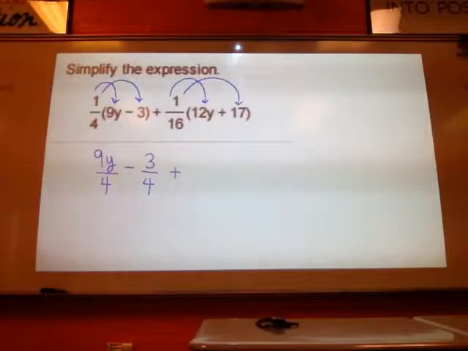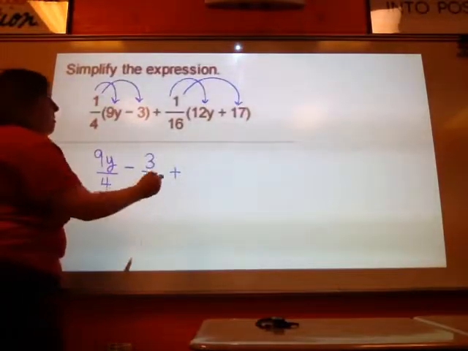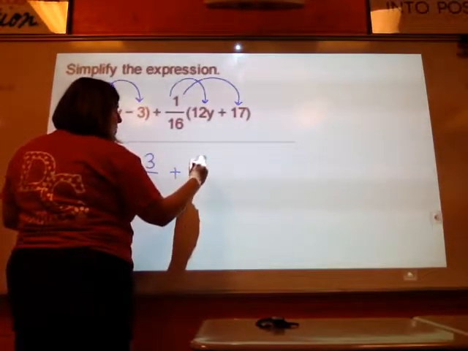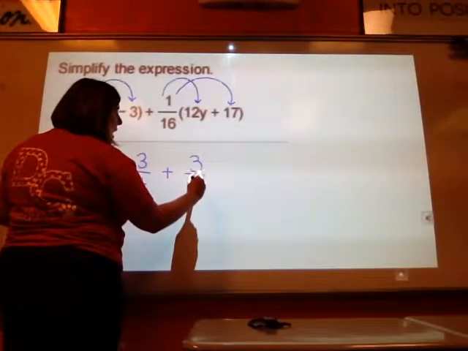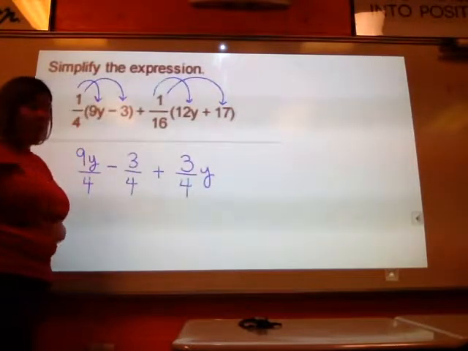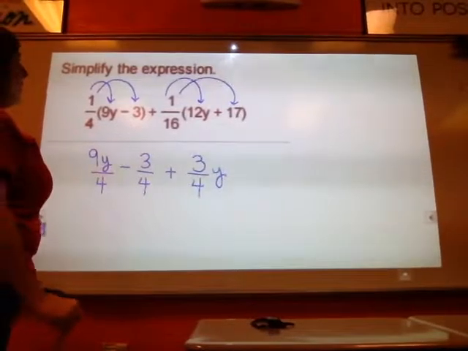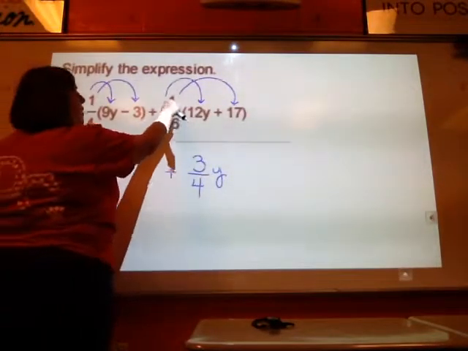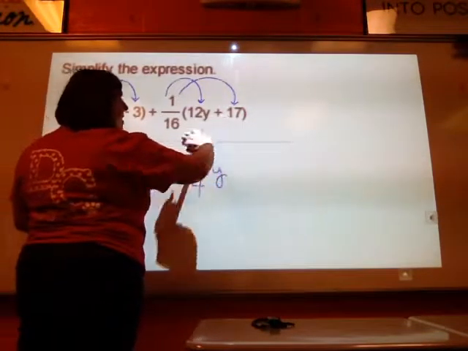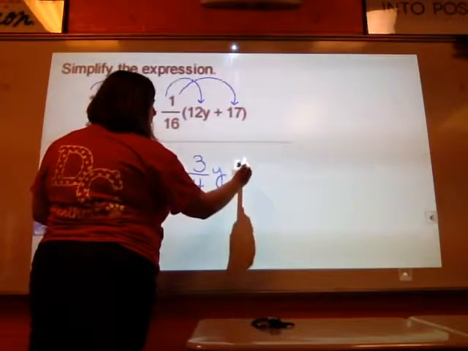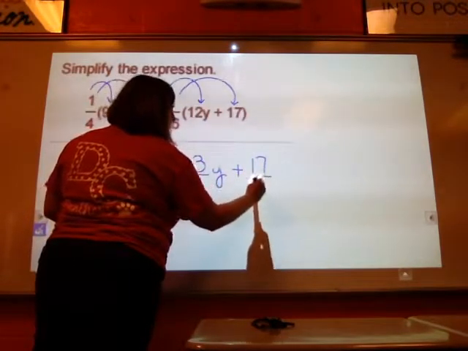And so 12 over 16 will simplify to 3/4. If you can't do that in your head, I am almost 100% certain you have a calculator that can do that for you. And then you're going to multiply the 1 over 16 times the 17. So that would just get me plus 17 over 16.